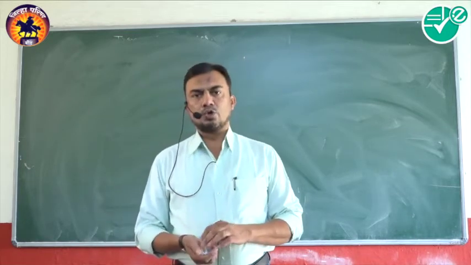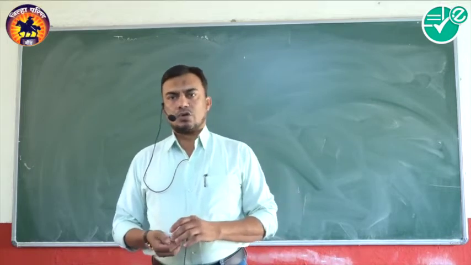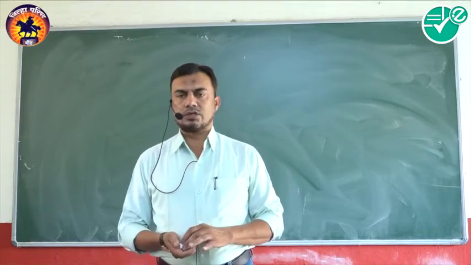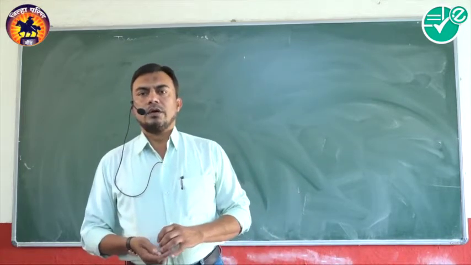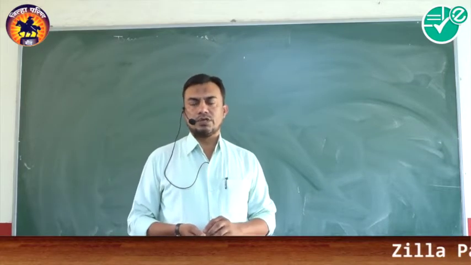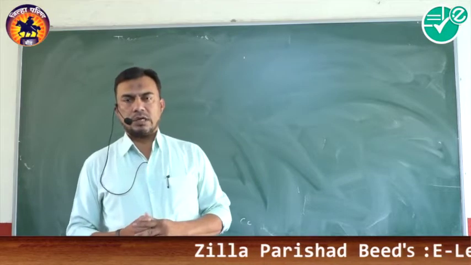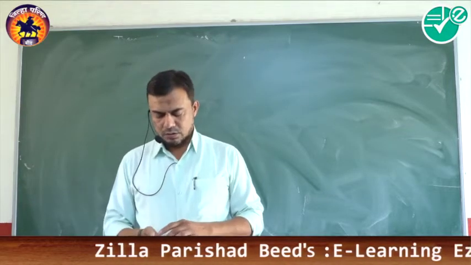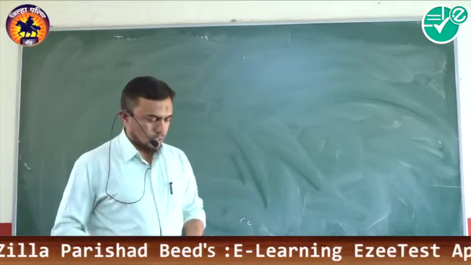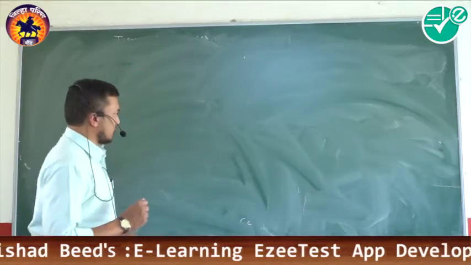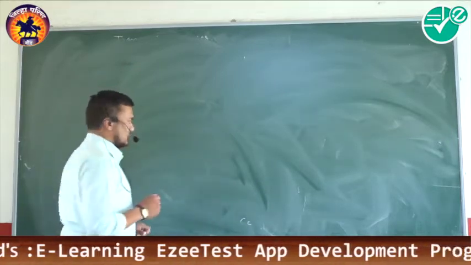We also discussed the oxidation and reduction reactions. Similarly, in the process of oxidation and reduction, we also discussed the reducing agent and the oxidizing agent. Now we'll start the redox reaction in terms of the electronic concept.